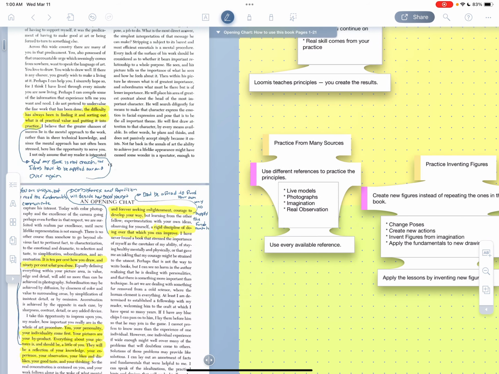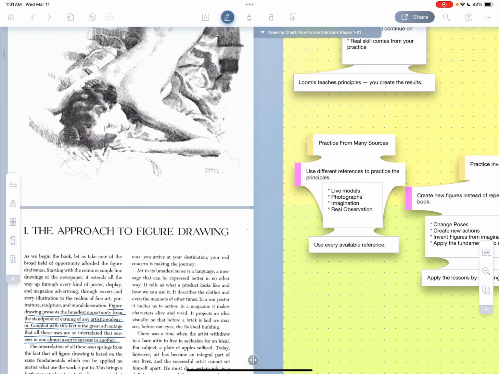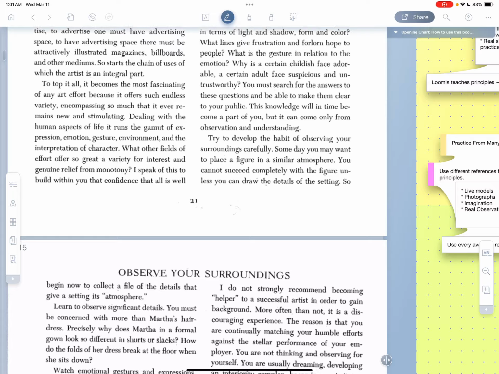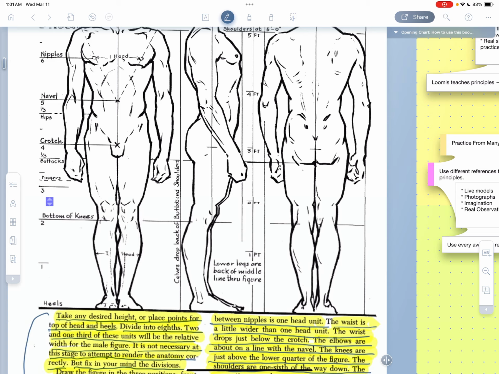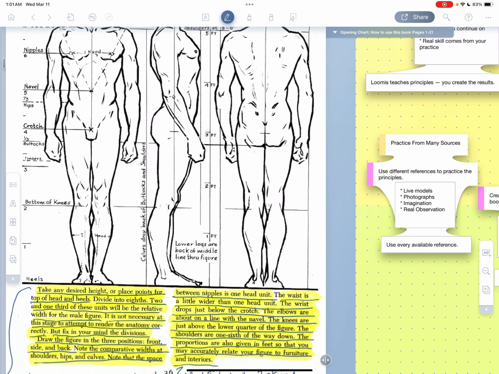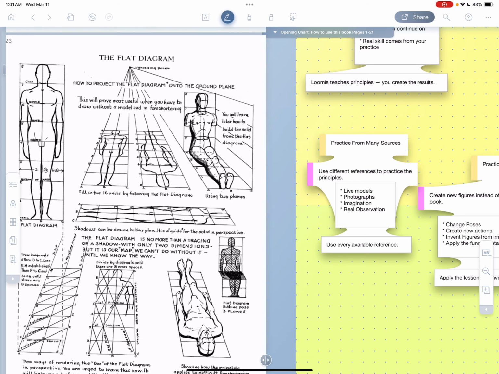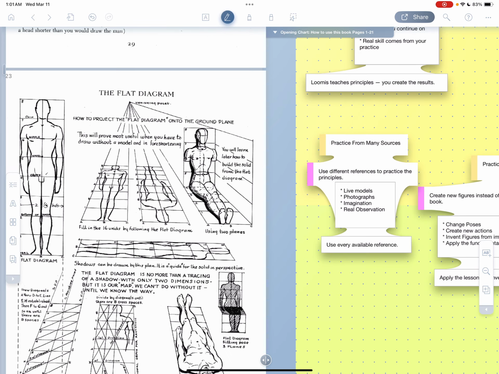Now let's go back to the book. We're going to go a little bit ahead in the book. Let me make this bigger. This is really cool software, guys. Hope you guys can see this. But as you can see, all these are really cool references.